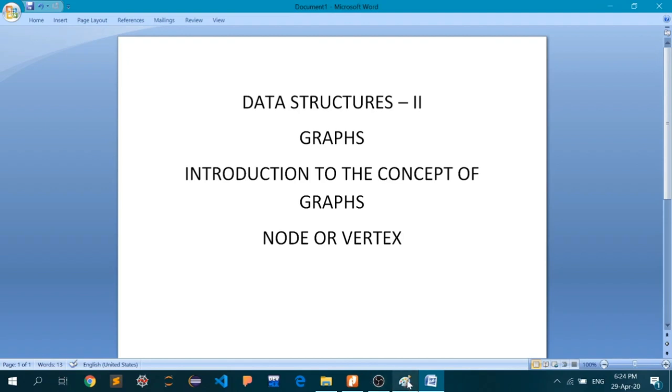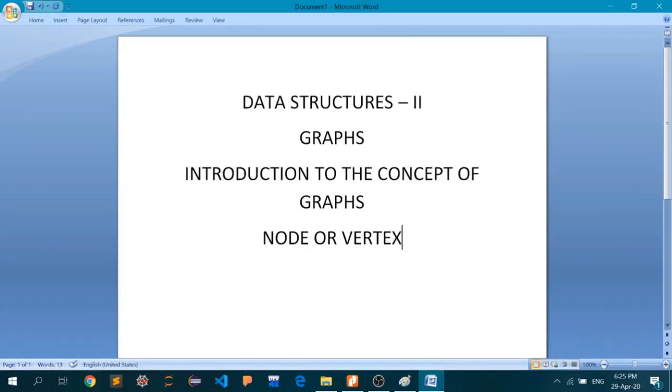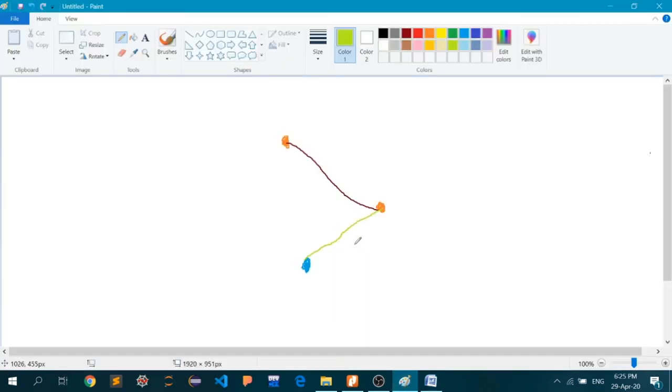And the connection between this node and that node is called an edge. So node or vertex is your Facebook page, and edge defines the relationship between these two vertices or two nodes, and that is how this data structure is defined.